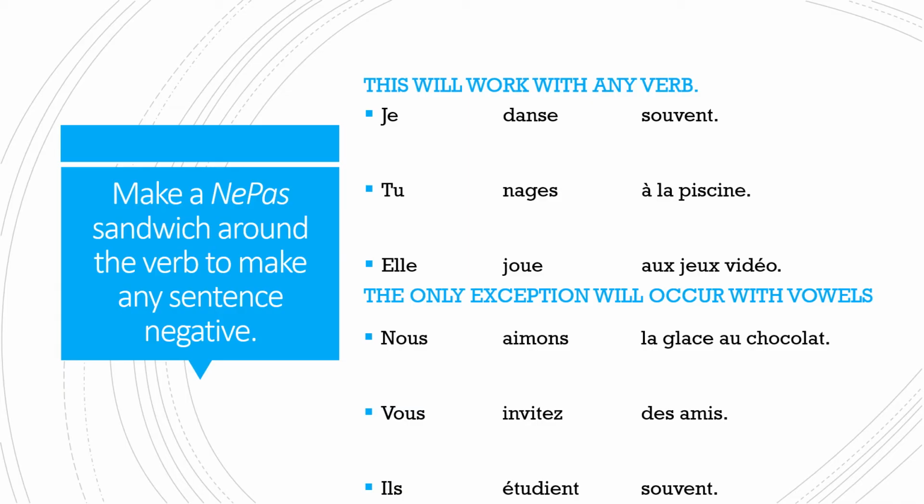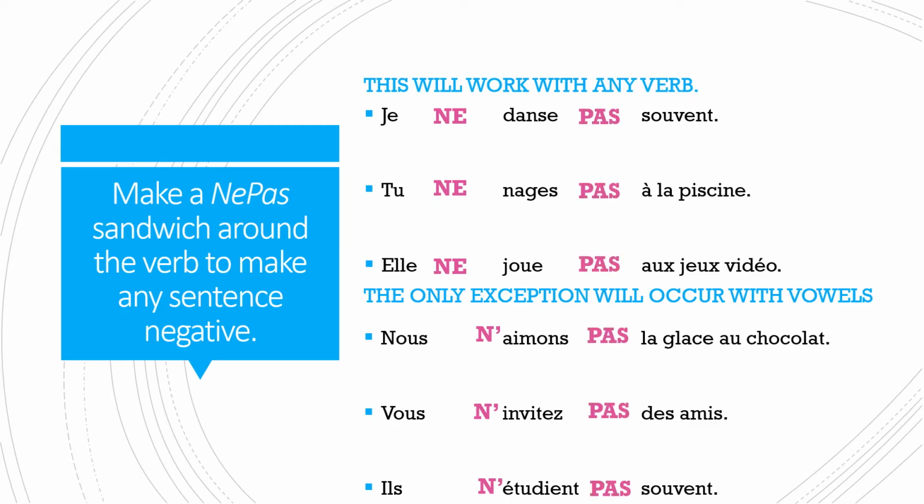Ils étudient souvent, they study often. So we're going to change all of these sentences into the negative. In order to do so, we need ne in front of the verb, and directly behind it we need pas. That is it. That's the secret. That's the trick. You put ne in front of your verb and you put pas behind it.